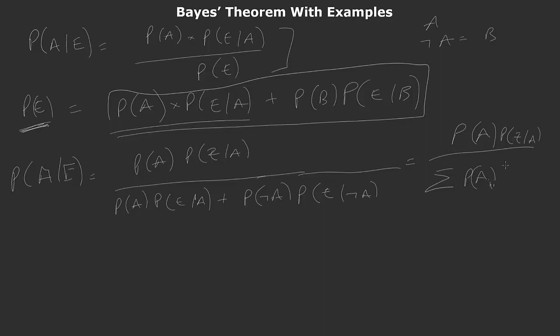So this is E given A_i, then you simply sum from i equals 1 to the number of possible alternative events. So this represents Bayes' theorem. I'm going to use the following examples to illustrate this theorem and to show you how powerful and how relevant it is in many aspects of science.